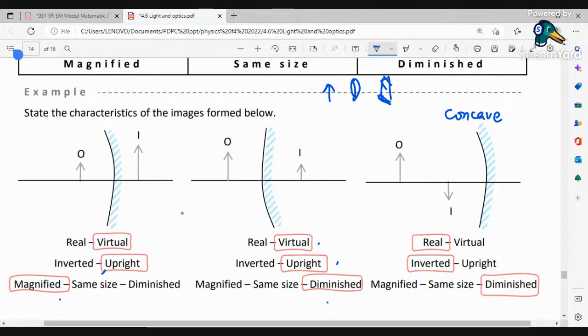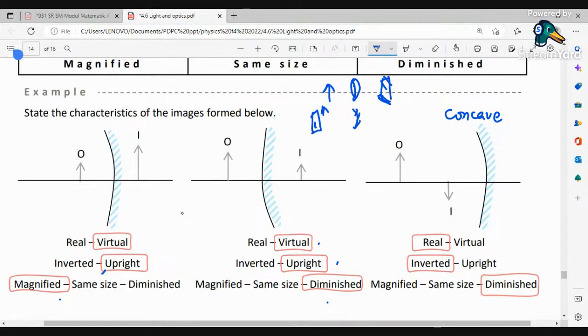Okay. Lenses, light can pass through the lens. But mirror, light cannot pass through. It will be reflected. So where we should put the screen, kalau ini adalah mirror, you kena letak screen di sini. Screen letak sebelah yang sama.